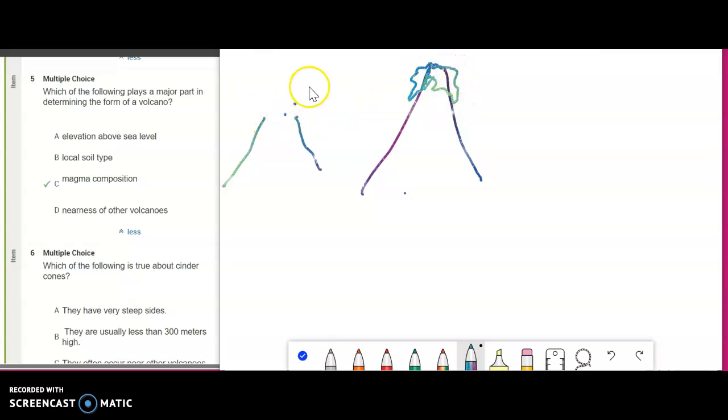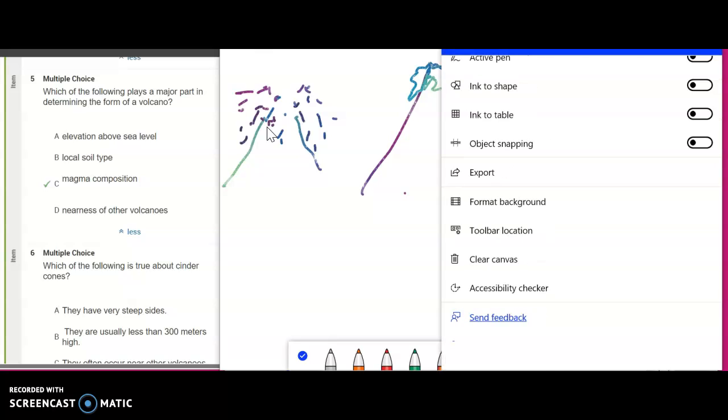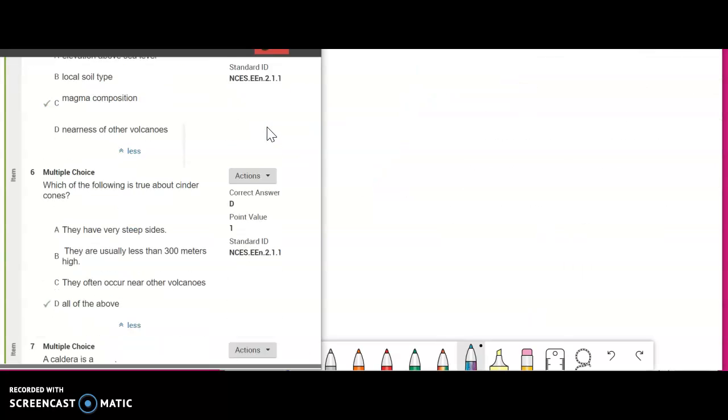And cinder cones just have lots of ash and dust and things like that come out and then layer down. So their magma composition makes up what they are made of also. And nearness to other volcanoes has nothing to do with any of it, just like the elevation above sea level. So your correct answer there is C.